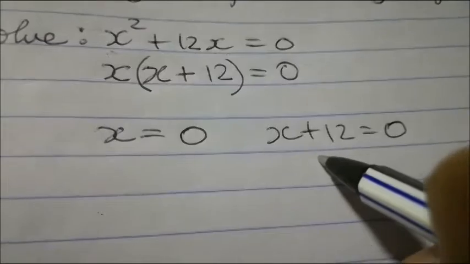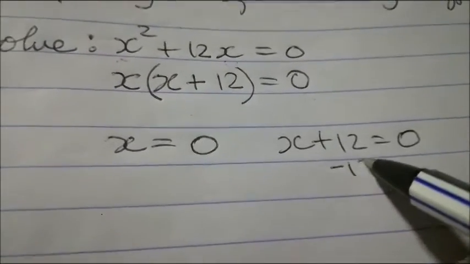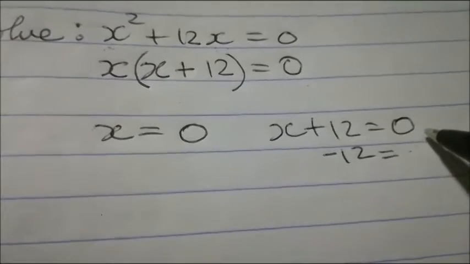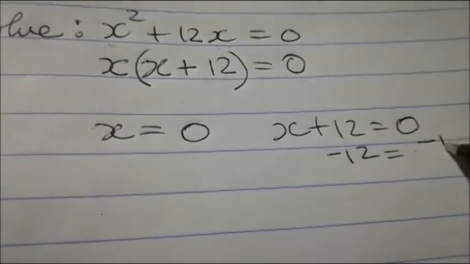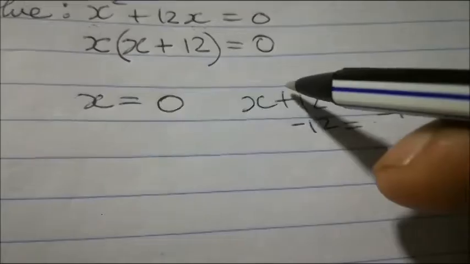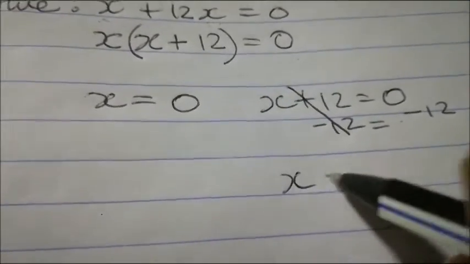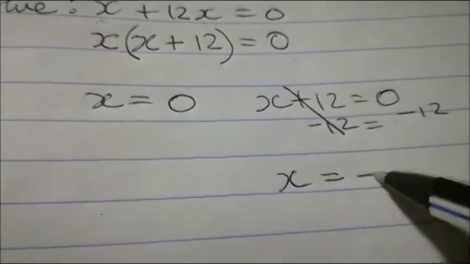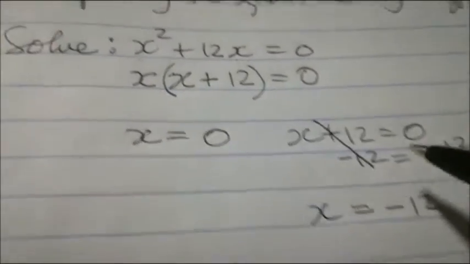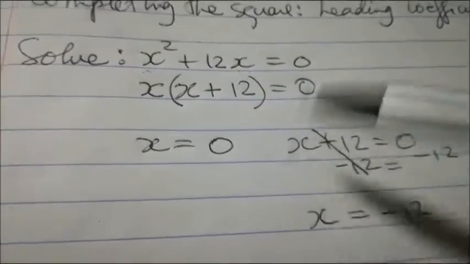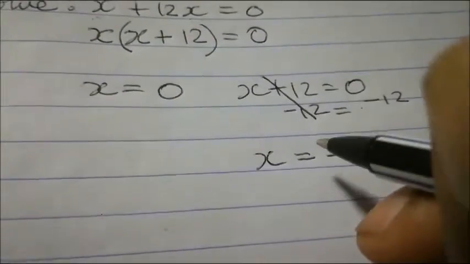Of course, we would minus the 12 from both sides. These two will cancel. So x will become minus 12.